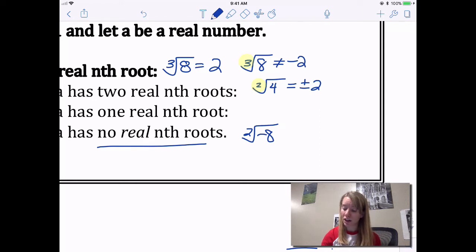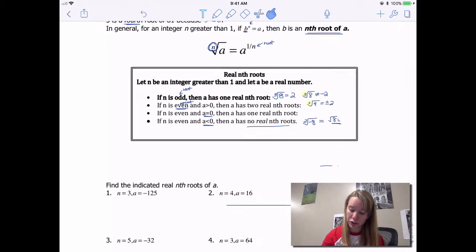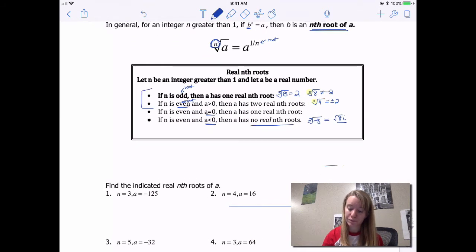Remember that we talked about how if there's a negative under a square root, then we have an i. So that would be the square root of 8i, or 2 times the square root of 2i. We're not going to worry about any of the complex solutions in this chapter. There's going to be no i's. So we're just going to deal with these first two mainly.